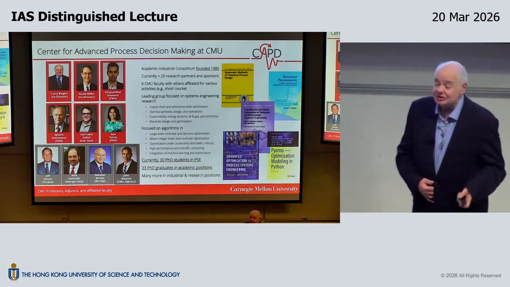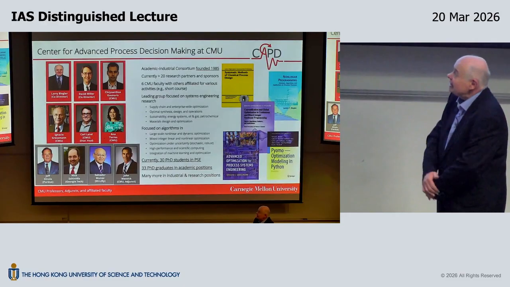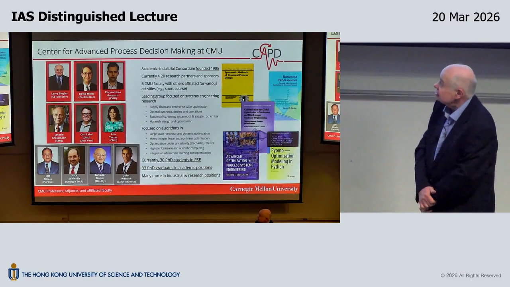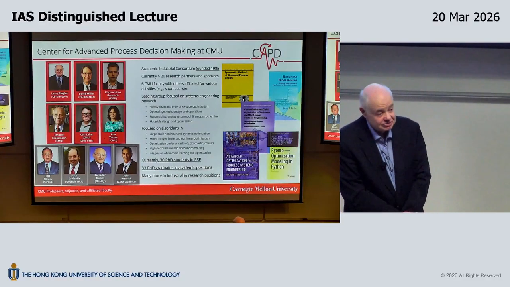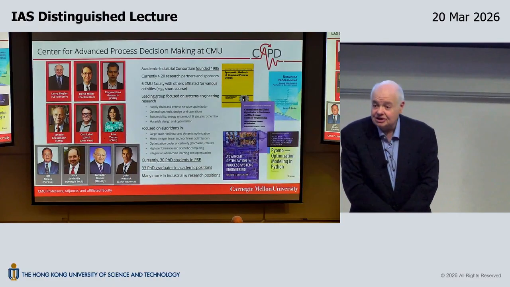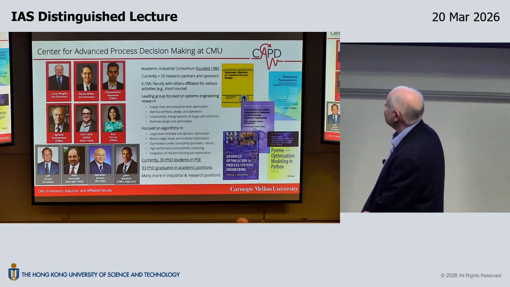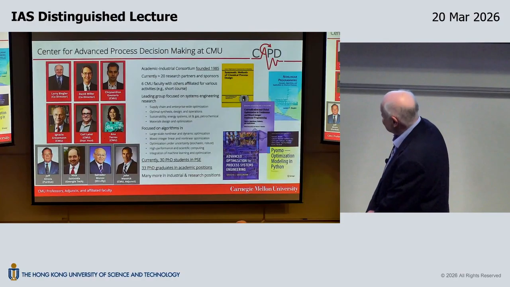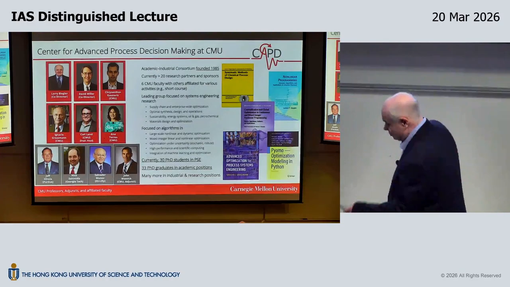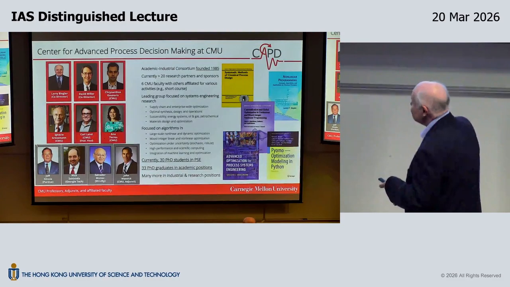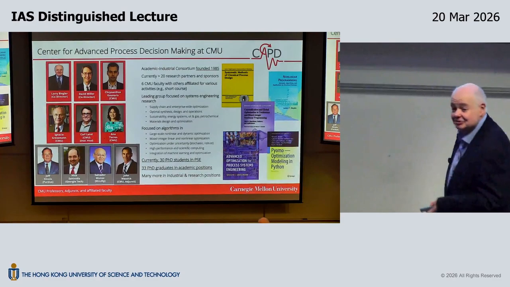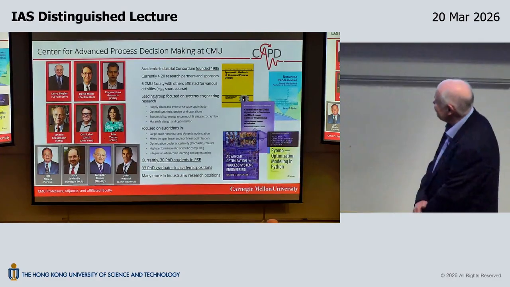Okay, this is Pittsburgh, Carnegie Mellon University. And at Carnegie Mellon University, CMU, we have something called the Center for Advanced Process Decision Making. Okay, what we're doing here is basically we have a collection of my colleagues that have been around for a while, and others are quite new. For example, Professor Grossman, the senior member of the group, has been there for a long time.